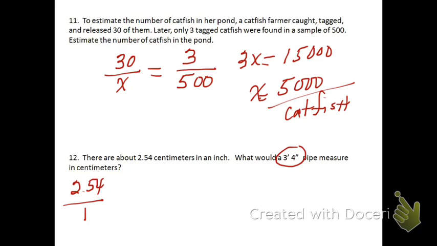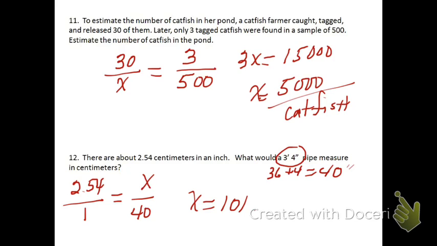So I've got 3 of them there, so that's 36 inches, plus then the 4, so I've got a total of 40 inches for this pipe. So how many centimeters then are in 40 inches? Well, cross multiplying, we get x is equal to 2.54 times 40, which gets us 101.6, and that's centimeters.